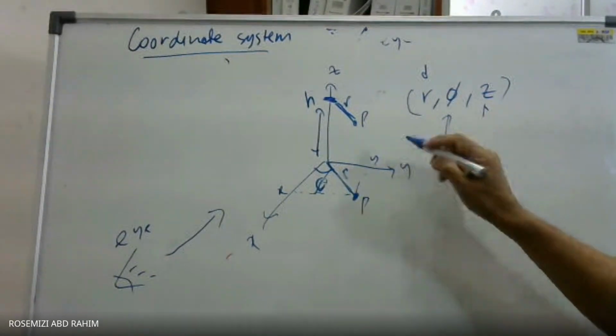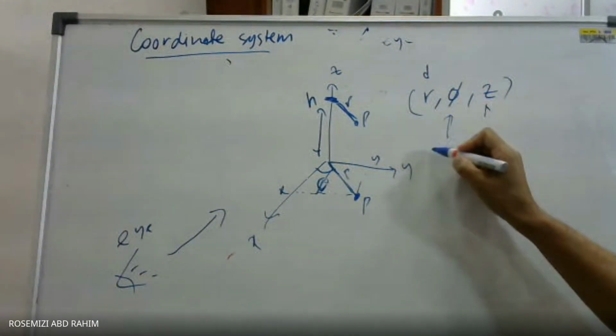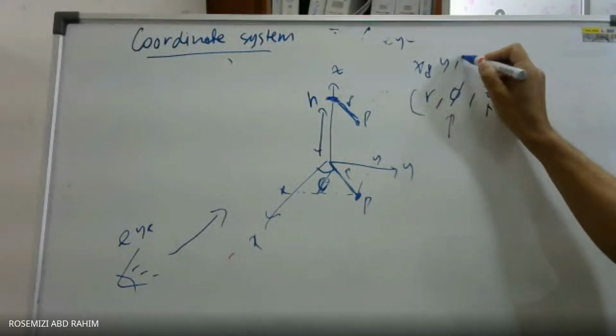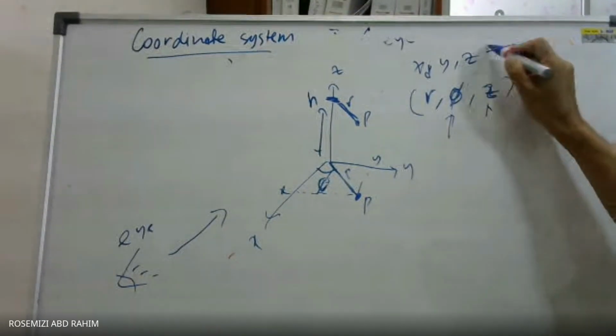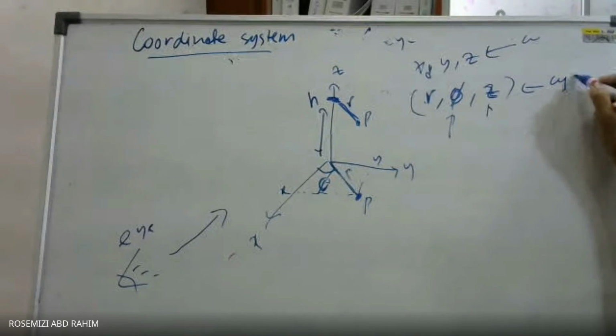Last lecture I explained the relation between x, y, z and r, phi, z. X, y, z is Cartesian, r, phi, z is cylindrical.